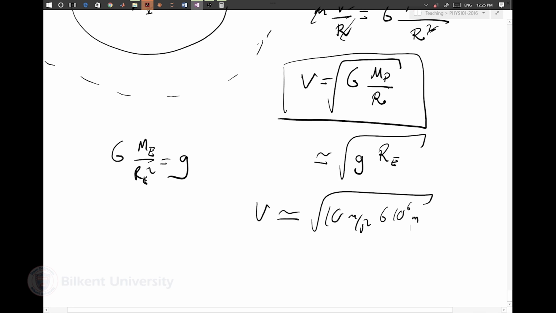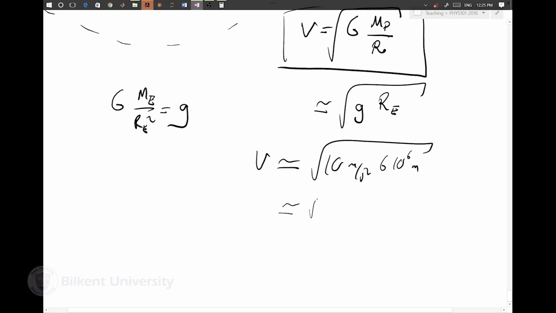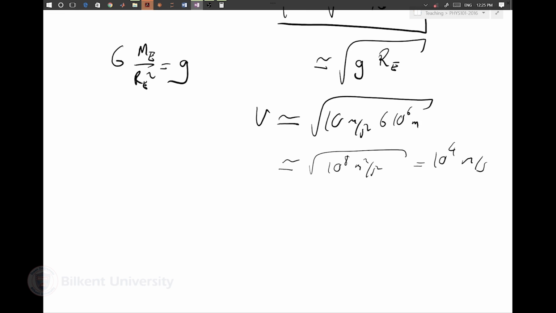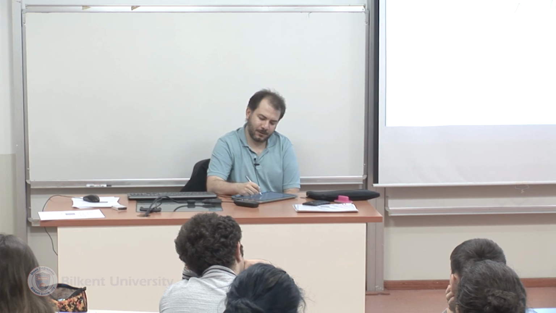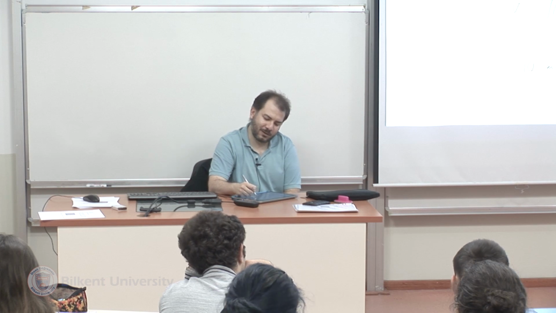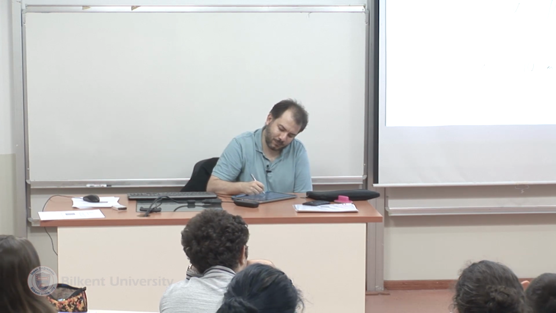So this whole thing is almost 10 to the 8 meters squared per second squared. So it's 10 to the 4 meters per second. So typical orbital speeds are 10 kilometers per second.